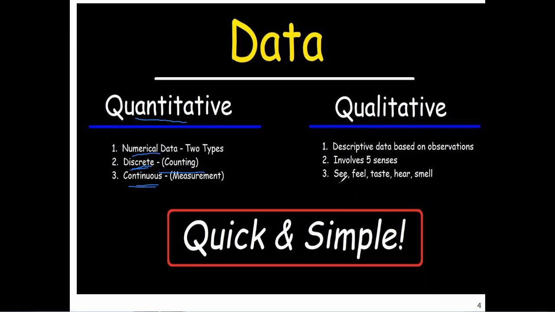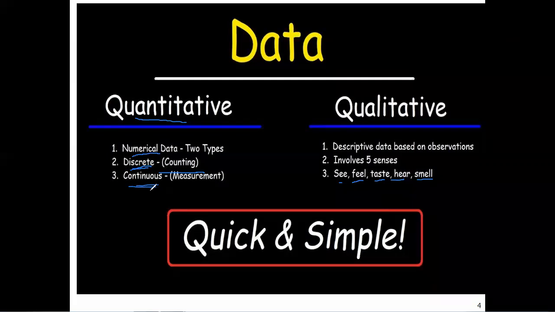For example, when you want to see or feel some value, suppose I'm feeling some taste regarding what type of cake you have made, whether it is tasty or not. Sight, smell, this kind of data comes under qualitative data. So I hope everyone is clear on these 2 parts. If you understand this, only then will you understand the further concept. So always remember that for quantitative there are 2 words, discrete and continuous.